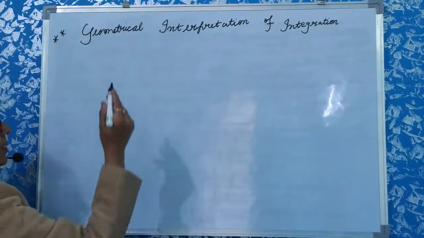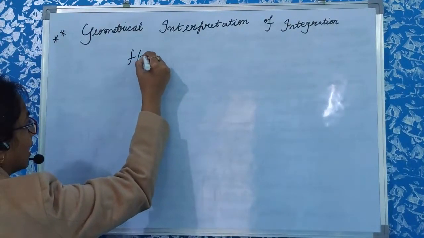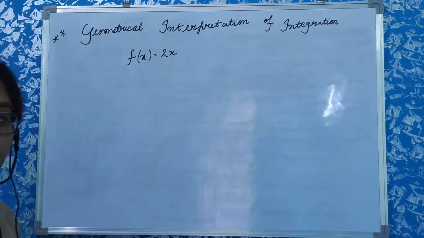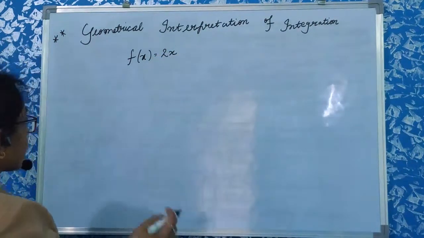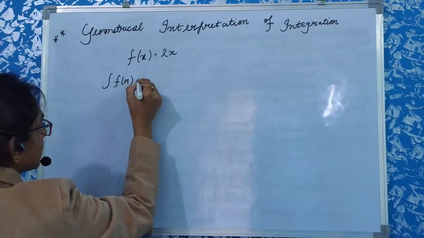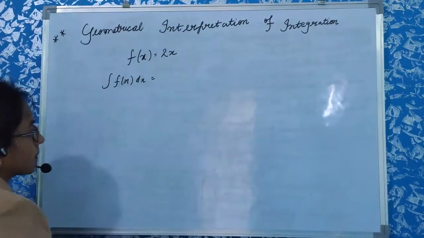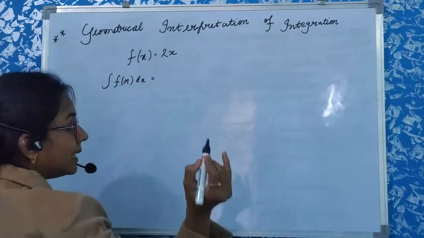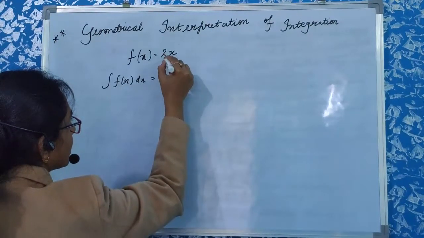Now, for example, consider a function f of x equals 2x. If you integrate f of x, what will you get? How do we do integration? What is the function? This.